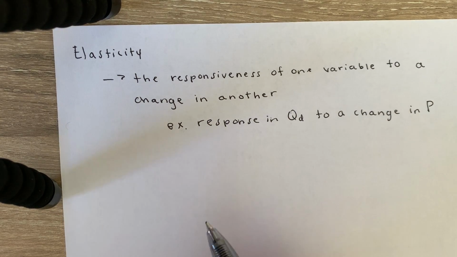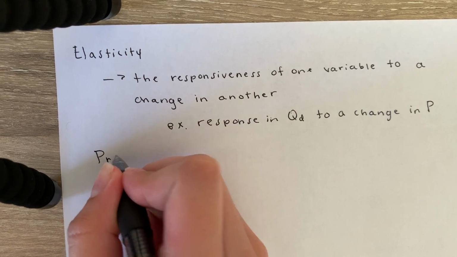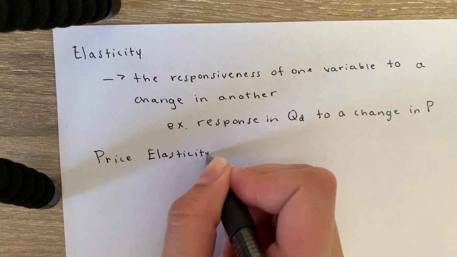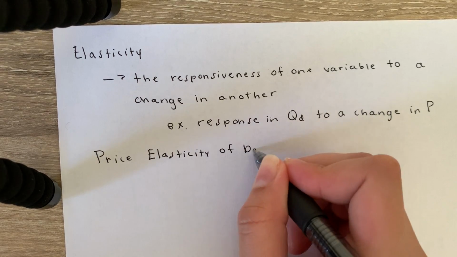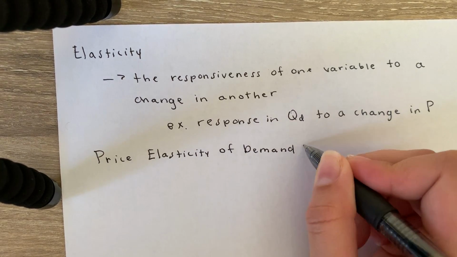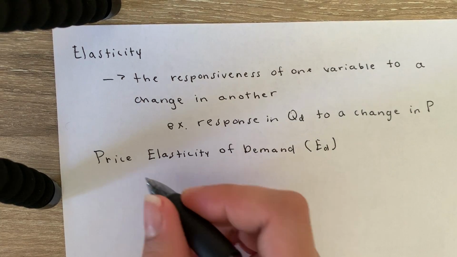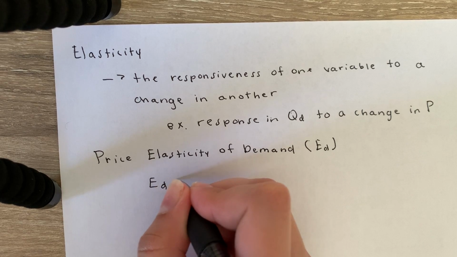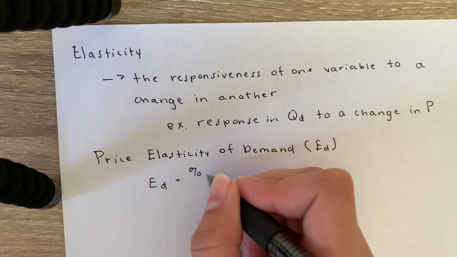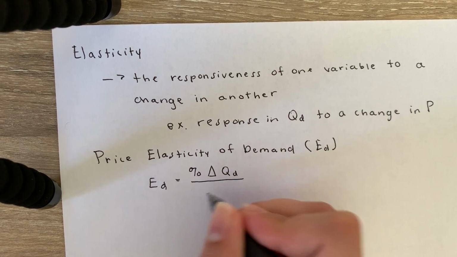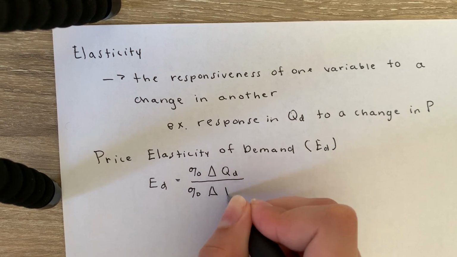So that is exactly what the price elasticity of demand is. We denote this as ED, and the formula for it is really nice. It's just ED is equal to the percent change in QD over the percent change in price.